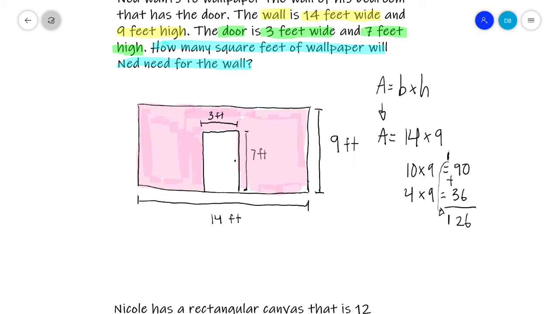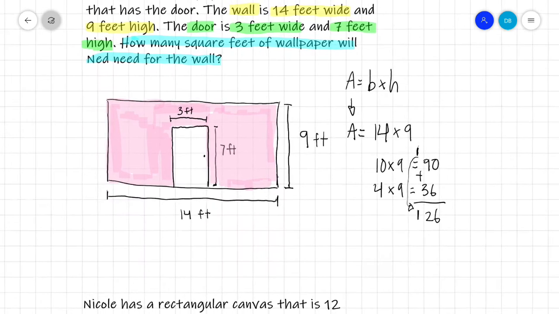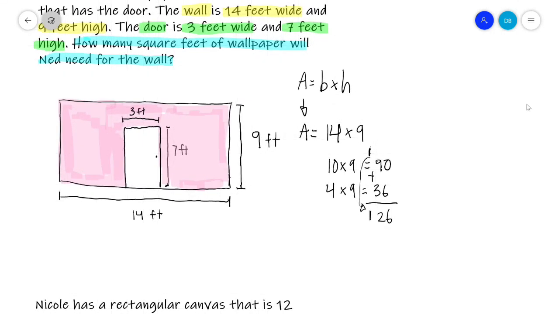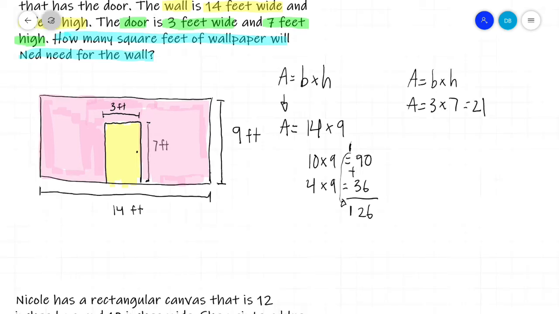So there's our total area, and now we need to subtract from that the area of the door. So the area of the door would be what's in yellow here, right? And we decided that that was a 3 by 7, 3 feet by 7 feet. So area equals base times height. Area equals 3 times 7, which equals 21. We're almost done.